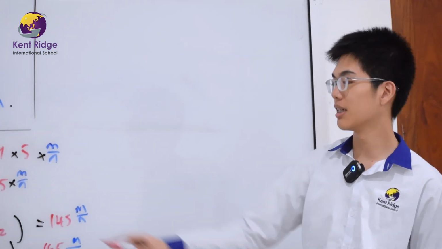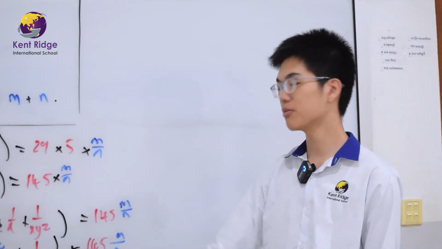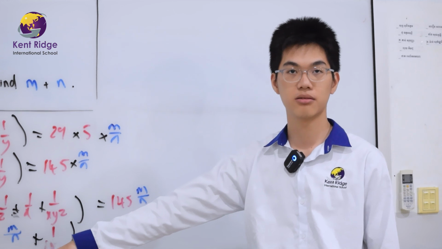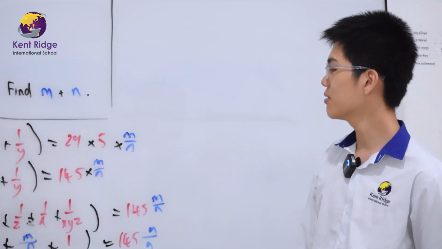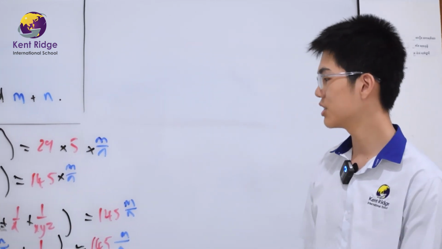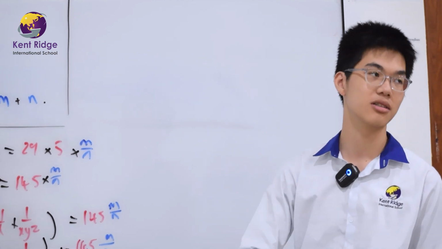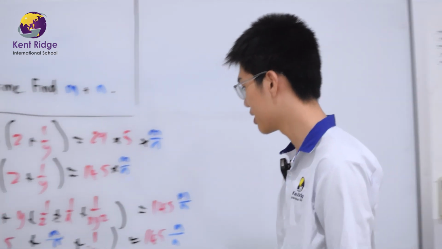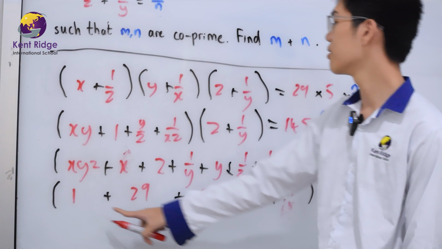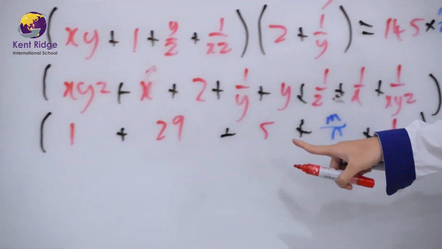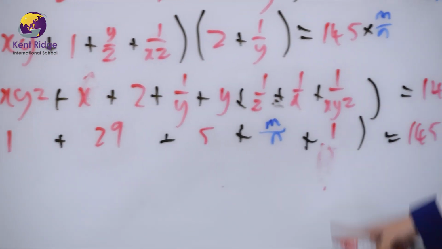Now things look a lot simpler. It's just a bunch of numbers and m over n as our only variable. Let's do a little bit of addition and subtraction, and see what happens. 1 plus 29 is 30. 30 plus 5 is 35. 35 plus 1 is 36.